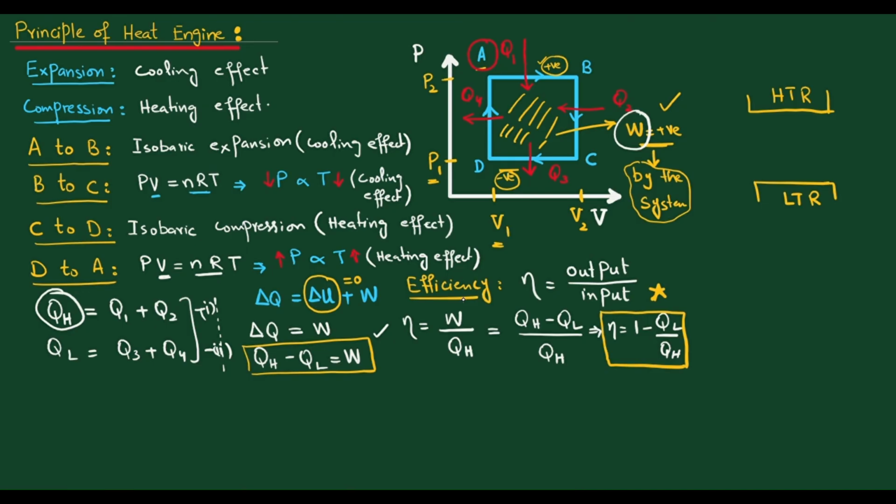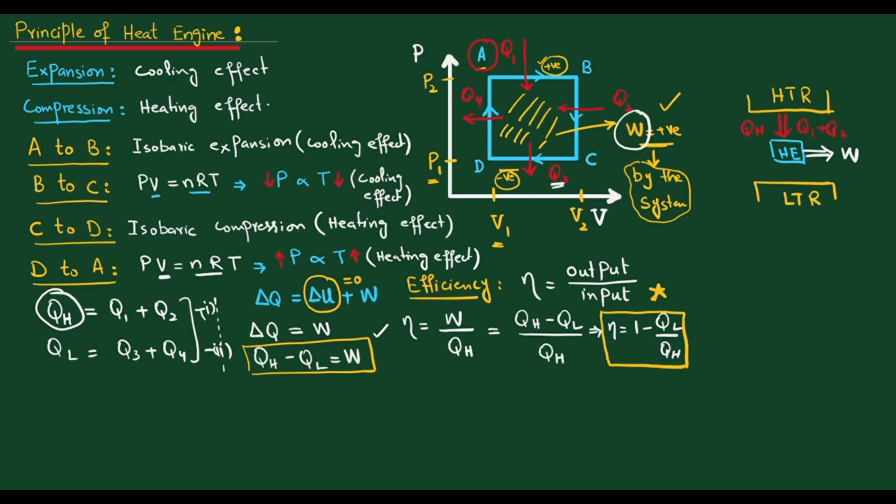Q1 and Q2 heat is added to the system, our heat engine, and Q1 plus Q2 is what we call QH. Due to this heat entering the system, positive work is done by the system in the outward direction, and Q3 and Q4 heat leaves the system.